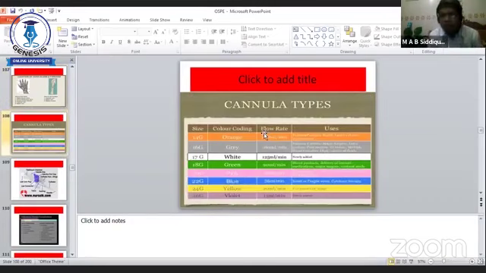The cannula types we already mentioned. The color code is universal all over the world, and the most commonly used cannulas for adults are 18G and 20G.